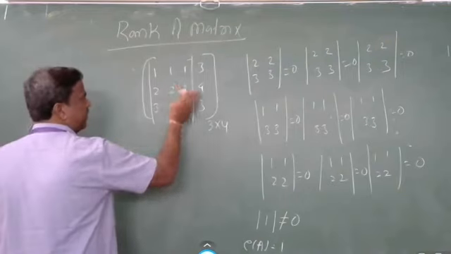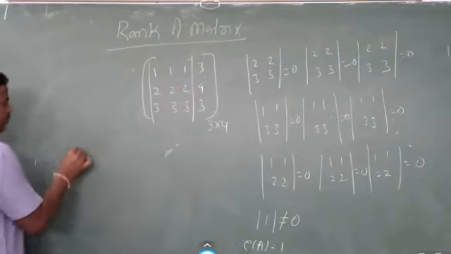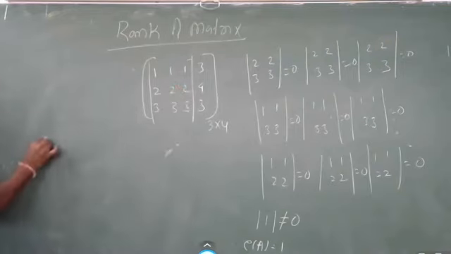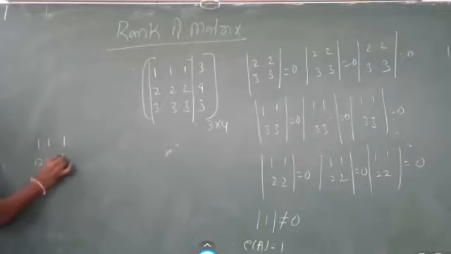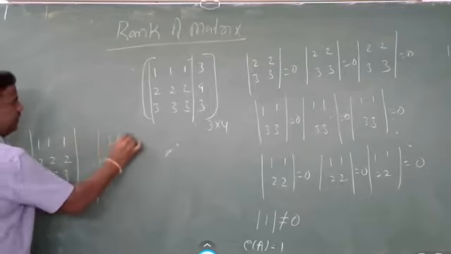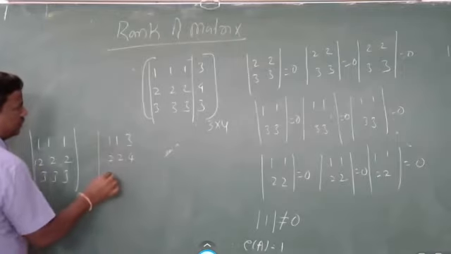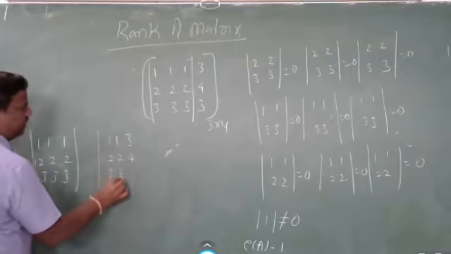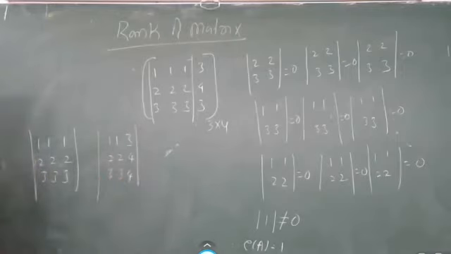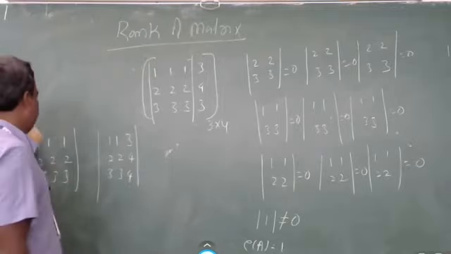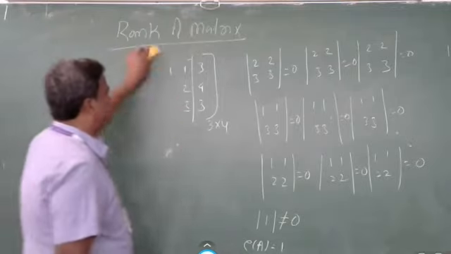Next, the second column, like that. So you will get four 3 by 3 matrices, like 1, 1, 1, 1, 2. Next, 1, 1, 3, 2, 2, 4, and 3, 3, 4, like this.